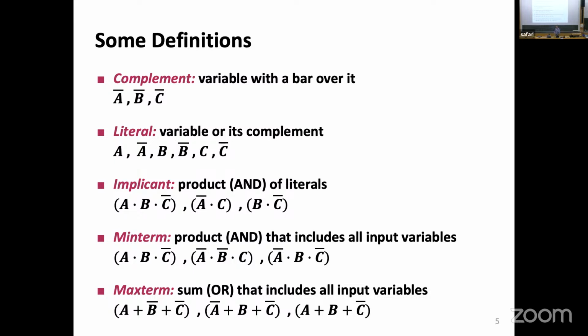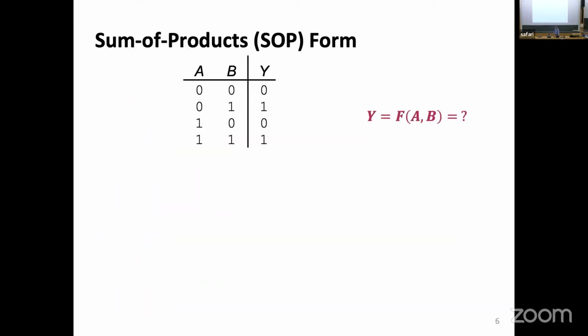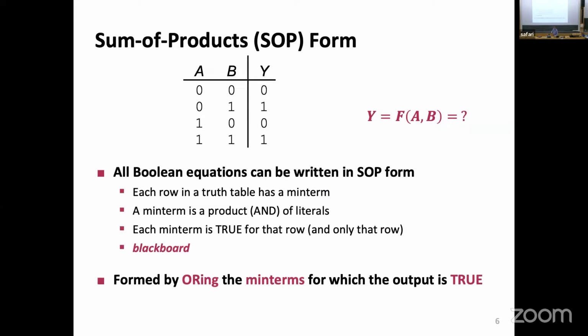Okay, now, here's the interesting thing. Why is it interesting? Given any truth table, we can define any logic function in what we call sum of products or SOP form. So if you have some truth table like this, how do I come up with the output function Y as a function of A and B? And we say, hey, this is easy. All Boolean equations, everything you can imagine, can be written in sum of products form.